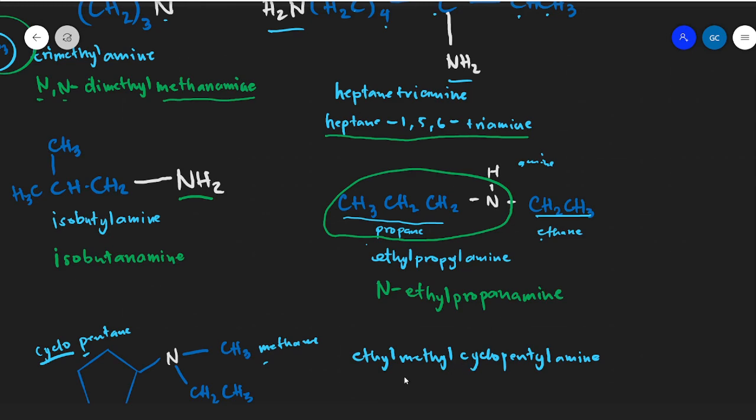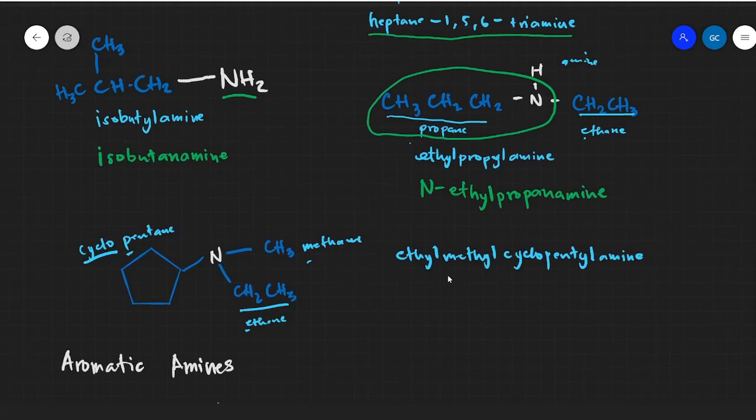And lastly, for this one, as you may have remembered, meron tayong cyclopentane, meron tayong ethane, at meron tayong methane. So, ganun lang ulit. Ang consider lang natin dyan ay alphabetical order lang ulit. Mauuna yung E bago yung M. Tapos, ang i-consider natin dito na ating primary ay yung mas malaki.